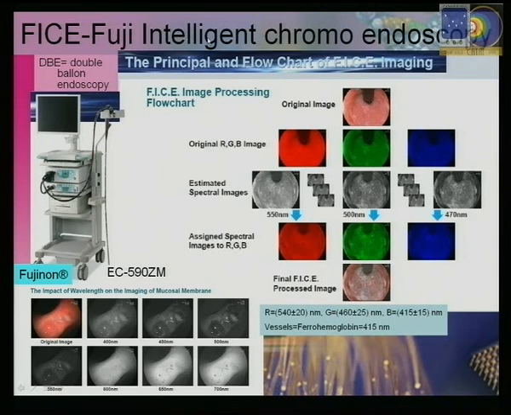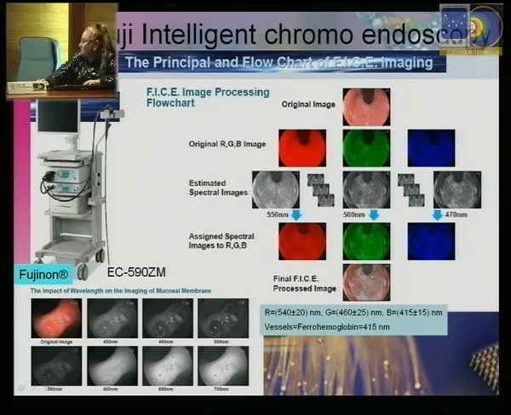This system, which is called intelligent, comes from Fujinon, and it's called intelligent because it decides by itself, according to what it sees on the tissue, which are the wavelengths that should be ideal to discriminate the tissue area. And this is classically also called chromoendoscopy.